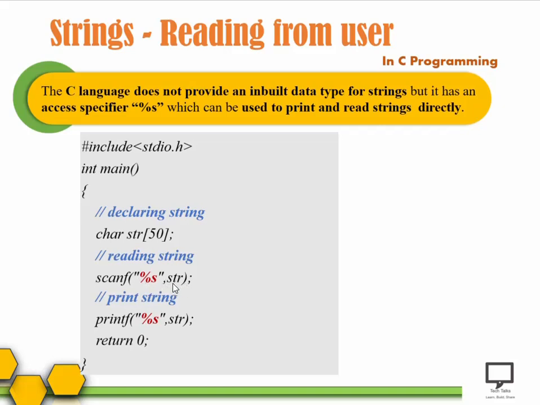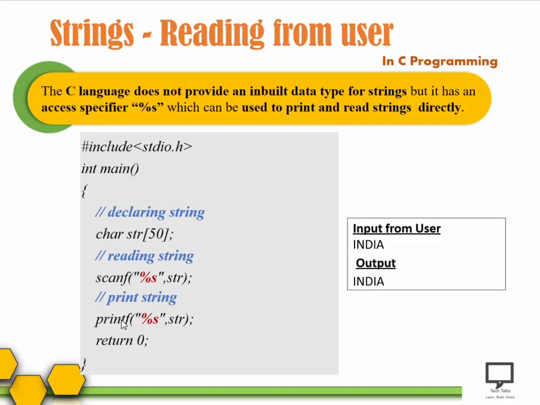You must be having a question in your mind: why is the ampersand not used here? Because the %s specifier works without an ampersand in the scanf function. In scanf, while reading a string, there is no need to use the ampersand sign before the variable name, that is str. After that, we are printing the same string that we accepted from a user.